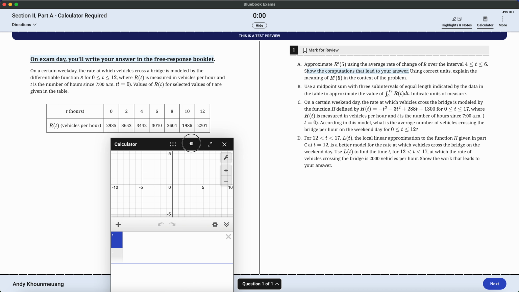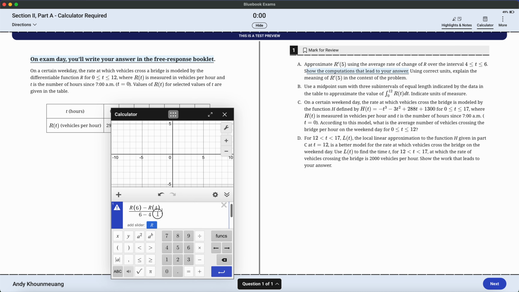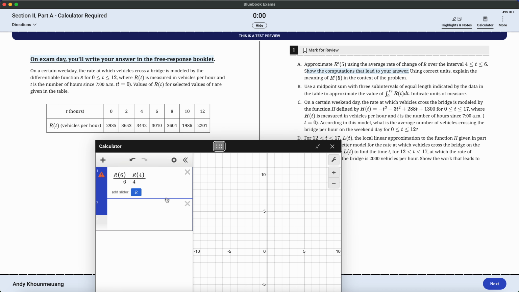So, I'm going to go ahead and find the average rate of change using 4 to 6. Now, this right here is acceptable on the AP exam whenever you are writing this on your FRQ booklet. You have a quotient and you have a difference. So they like that for your first part. And then what you are going to do is substitute in r of 6 and r of 4.